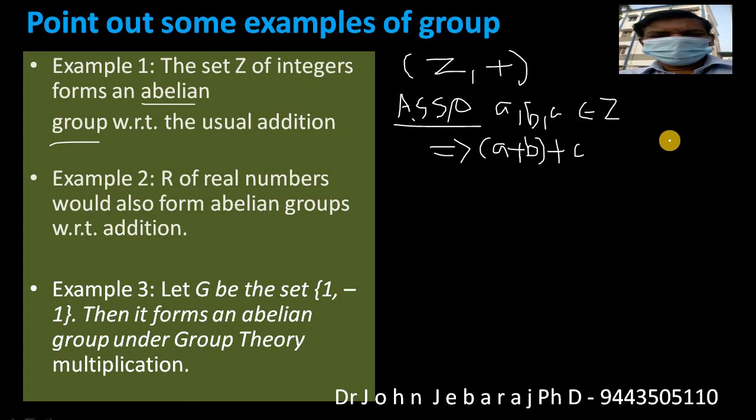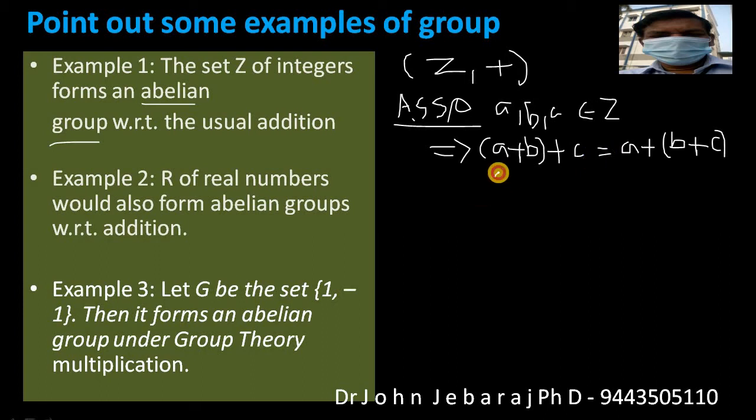Now the other way, I am taking B and C and associating them with respect to the binary operation, here plus. Then I am associating the first element with respect to plus. What I see is that both are equal. Definitely, there is no doubt at all.